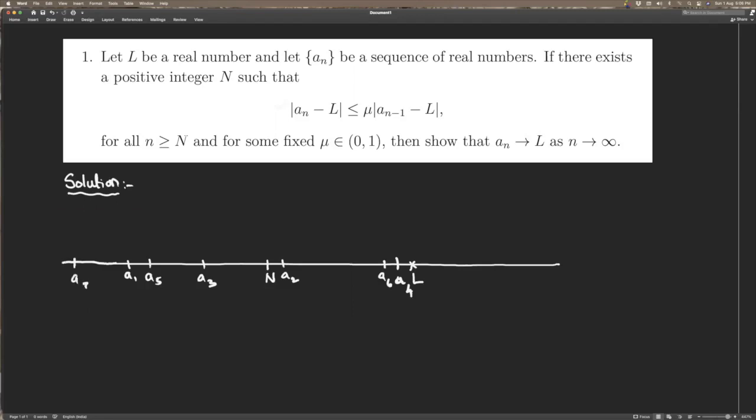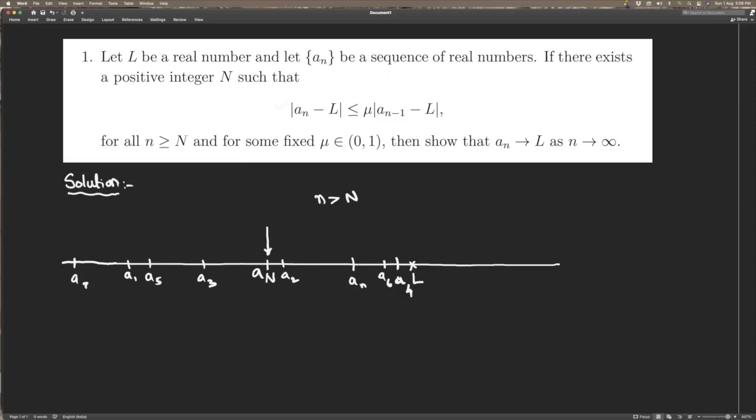So they may jump, but what is important is that after some finite number of terms, you take any other term, say a_n, where n is larger than capital N. Capital N can be included in this.